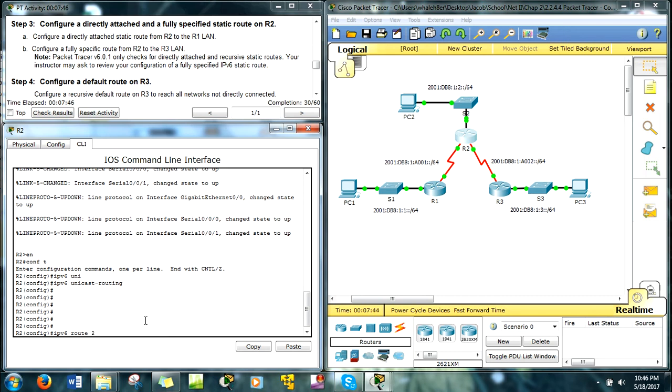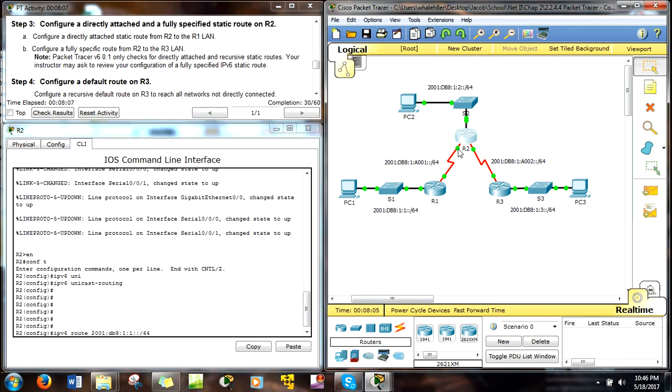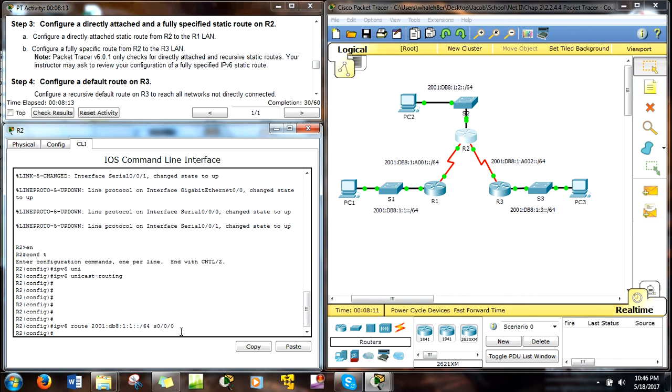R1. Man, I'm losing my mind or something. DB8 ::/64. What is the directly attached static route? That means what exit interface are we going to be shooting out? What's the exit interface we're going to be shooting out here? The S000. Enter.